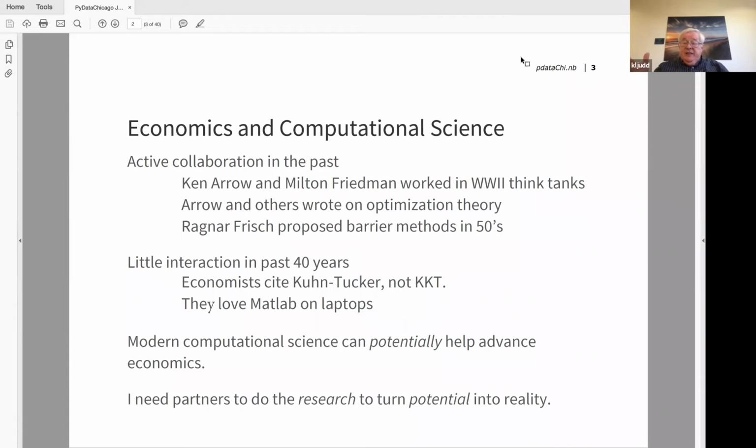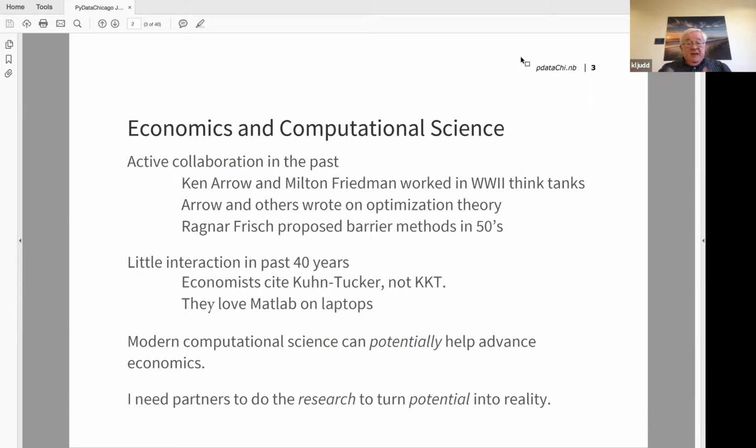There's been little interaction in the last 40 years. Now, why do I say 40 years? Well, economists, when they teach constrained optimization, they always refer to the Kuhn-Tucker theorem and the Kuhn-Tucker conditions. Whereas computational optimization people, mathematical optimization people, now call it the KKT theorem, because in the 70s, the contribution of Karush was discovered, and then Kuhn led an effort to make sure that this is called KKT, Karush, Kuhn, Tucker.